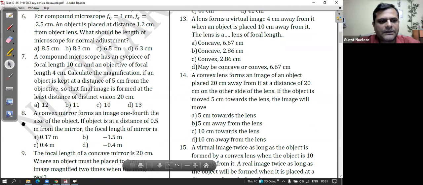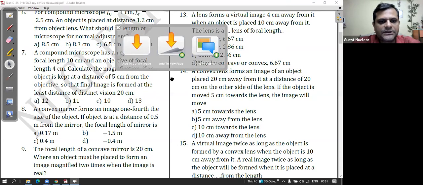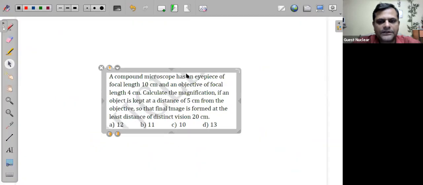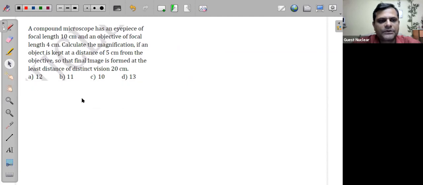7th question here. Yes. An eyepiece of focal length 10 centimeter, an objective of focal length 4 centimeter. Okay, that means what is given here is, see, FE is already given.